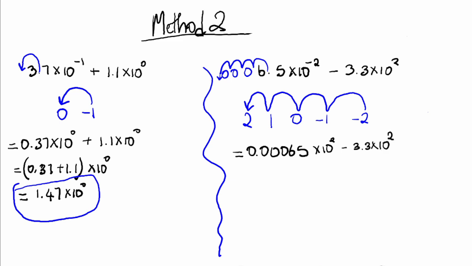Now we have 0.00065 times 10 to the second power minus 3.3 times 10 to the second power.